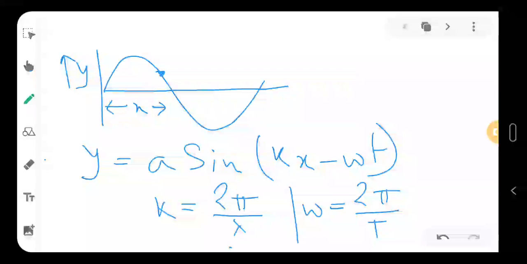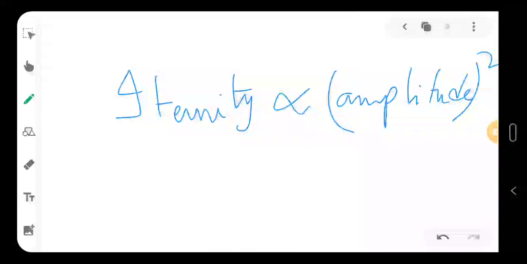So at this top portion we have the highest displacement, that is y maximum, and that we can say is the amplitude. So this is the maximum displacement of that wave. So intensity directly varies with the amplitude square.